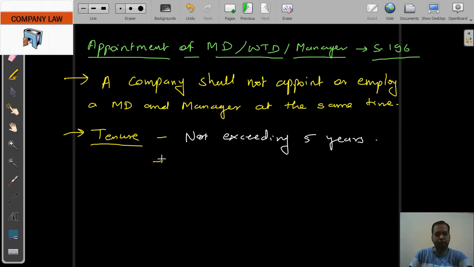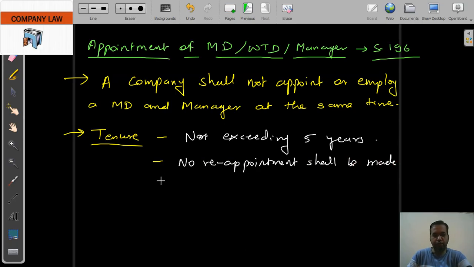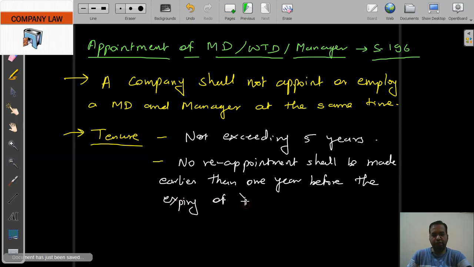So again we can just put over here: no reappointment shall be made earlier than 1 year before the expiry of his term.